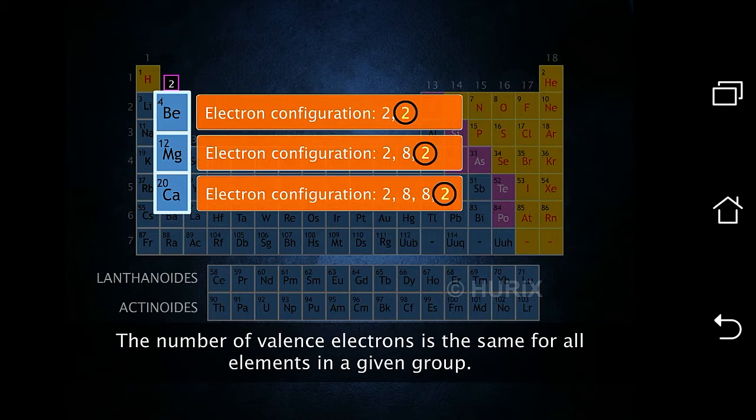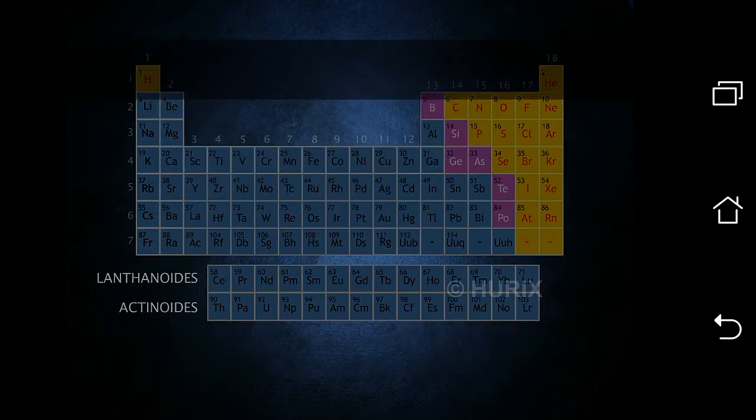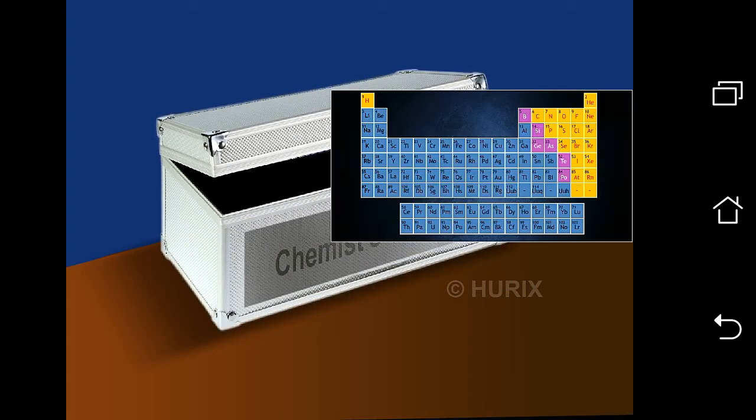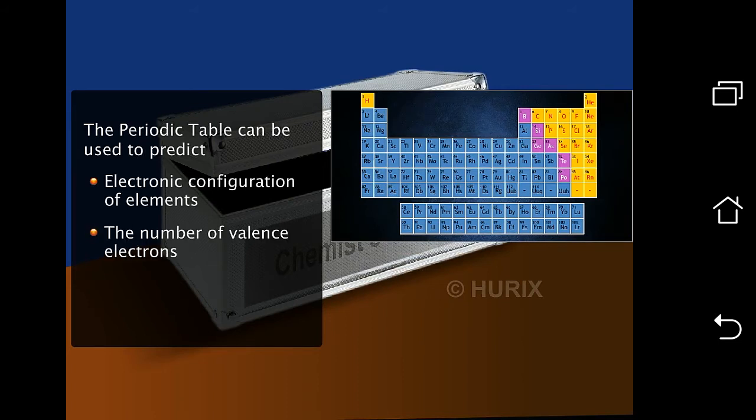This is true throughout the periodic table. The reason the periodic table is one of the most important tools in a chemist's toolbox is that it can be used to predict the electronic configuration, the number of valence electrons, and the chemical properties of any element.